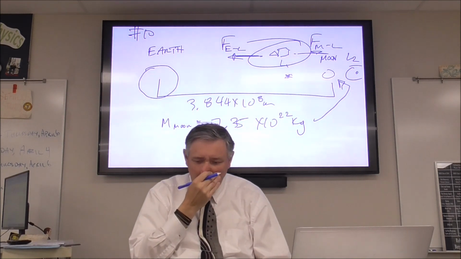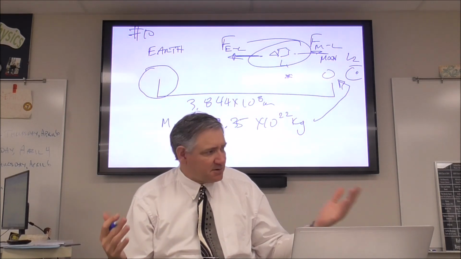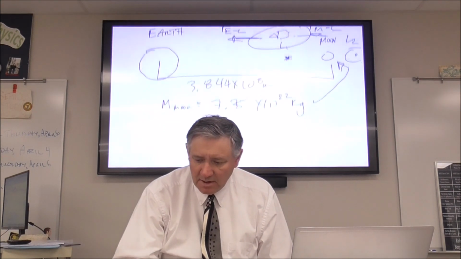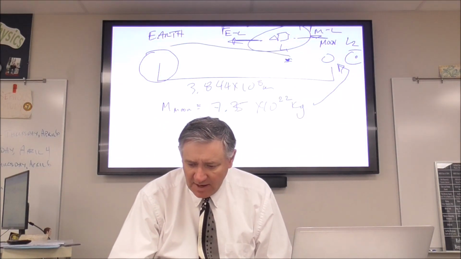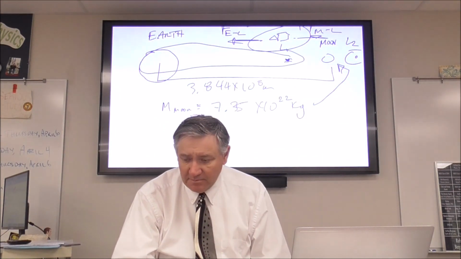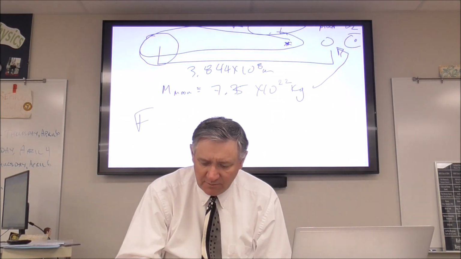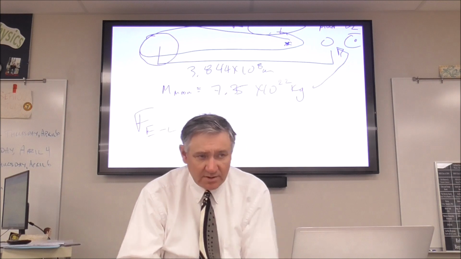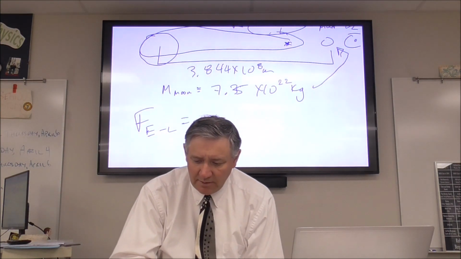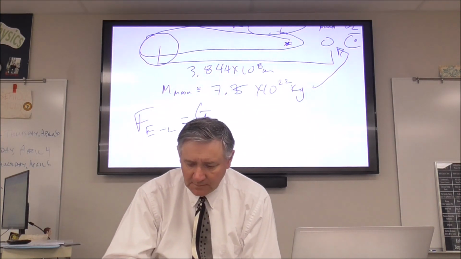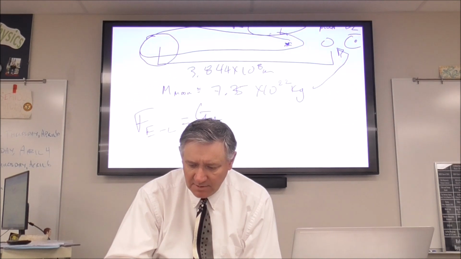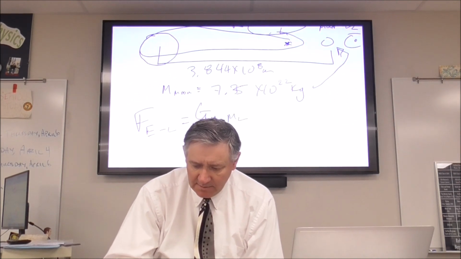Now, because I'm going to be talking about forces, if I wanted to calculate the force between the Earth and the Lunar Command Module, I'm going to need three things. I would need big G, the mass of the Earth, and the mass of the Lunar Command Module.